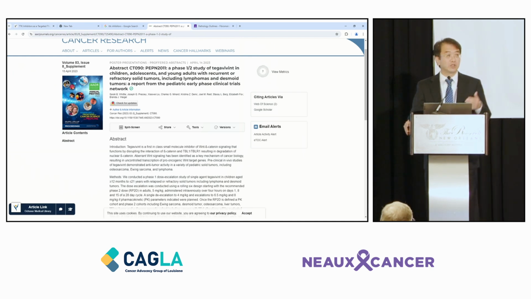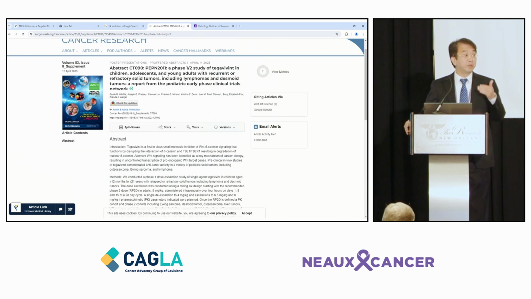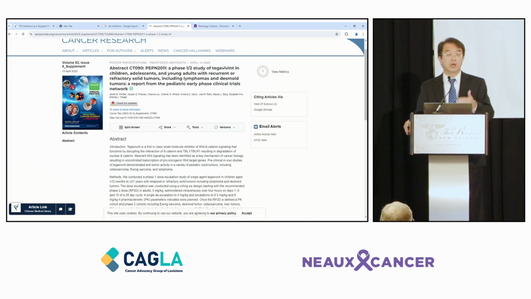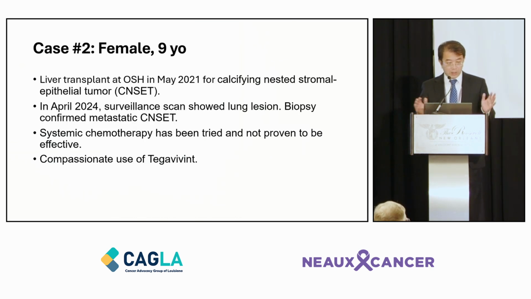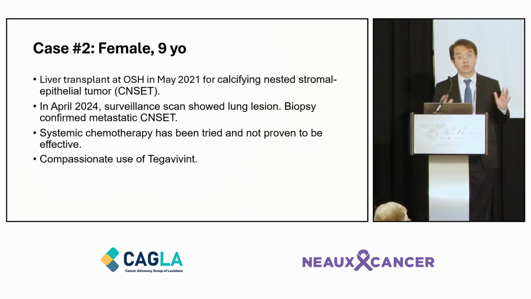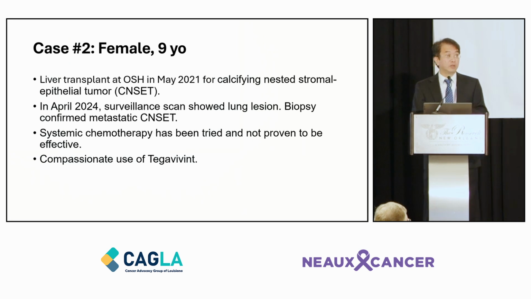So after the tumor board, we contacted the PI of this clinical trial from UAB, and we discussed the case. Since we had already tried everything, failed liver transplant, failed standard chemotherapy, we got this girl compassionate use of CAGLA.